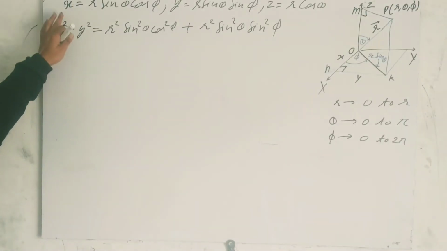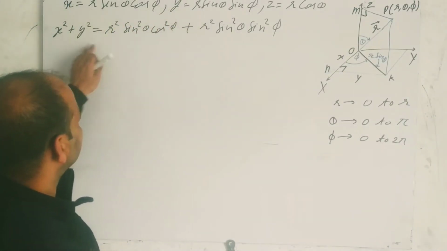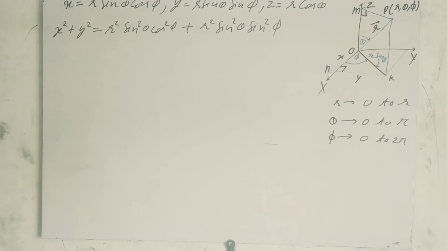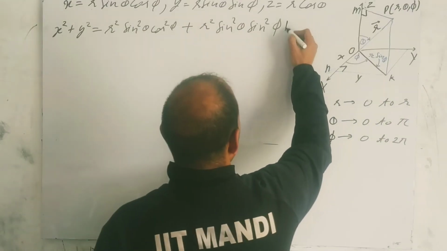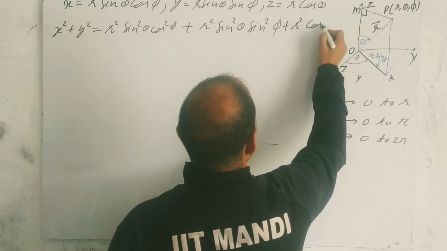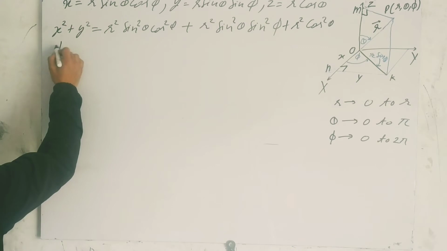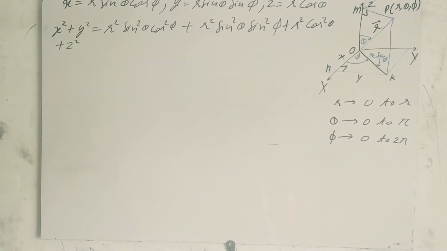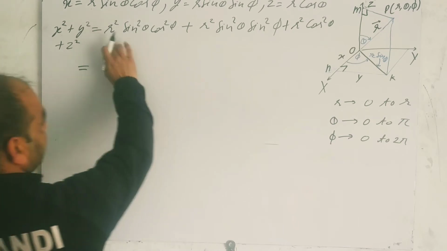I simply square these two terms and then add them here. We can do it with the z axis also, so I will write r square cos square theta, and here I will add z square also.